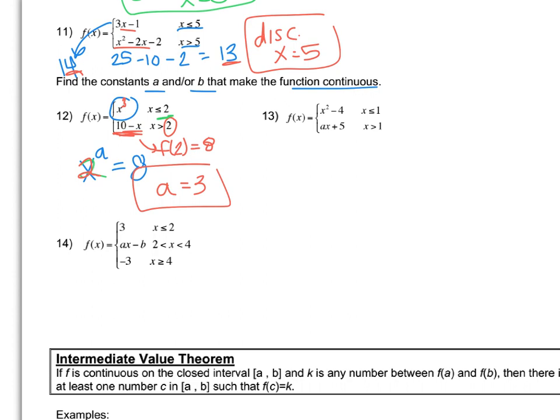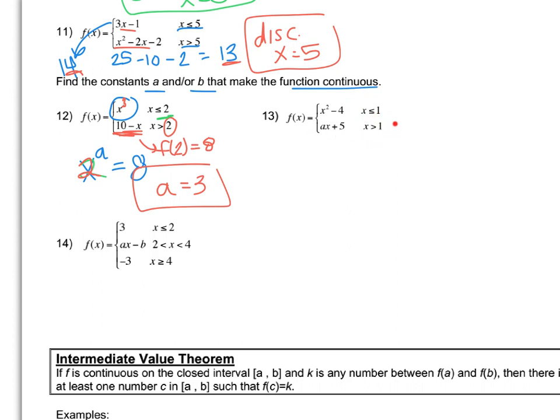When we look at number 13, it's very similar. We've got two pieces to the function, and we want it to be continuous. Again, the change in the graph happens when x equals 1. For everything up to and equal to 1, we're following this rule, x squared minus 4. And then after 1, we're following ax plus 5.